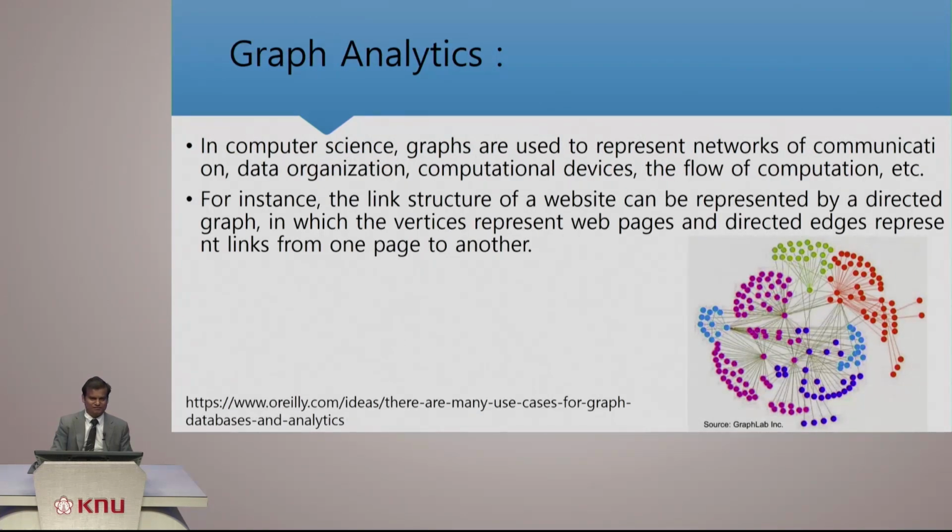Graph analytics. We know that a graph can represent various different types of networks. For example, it can connect one person with other people in a social setting.